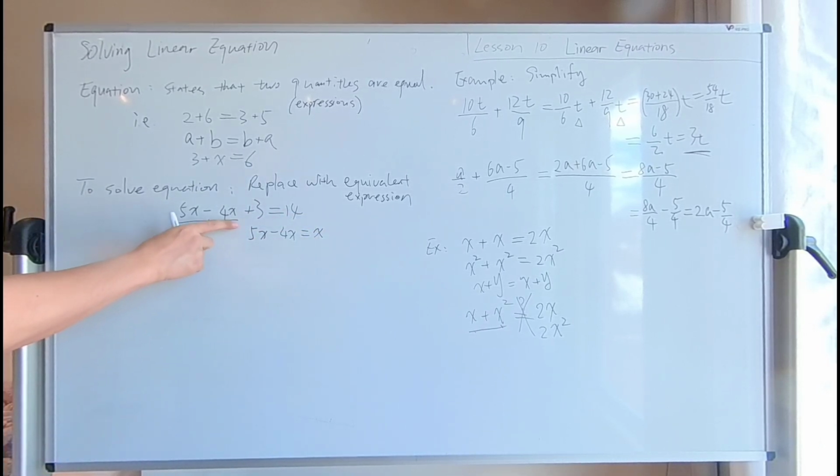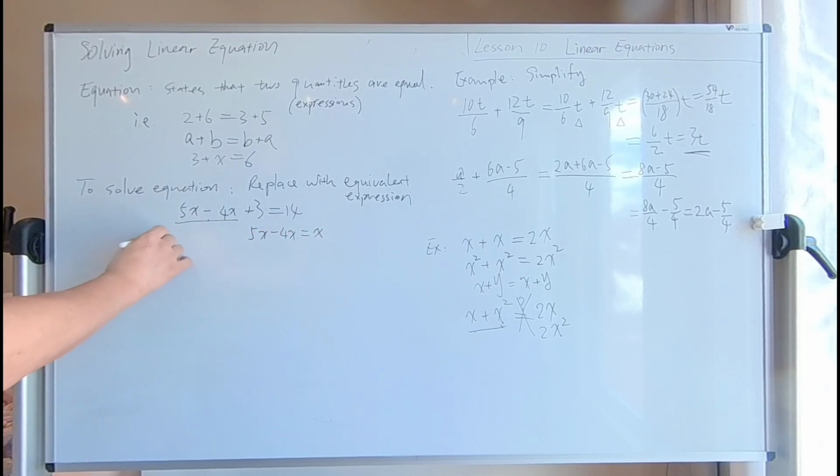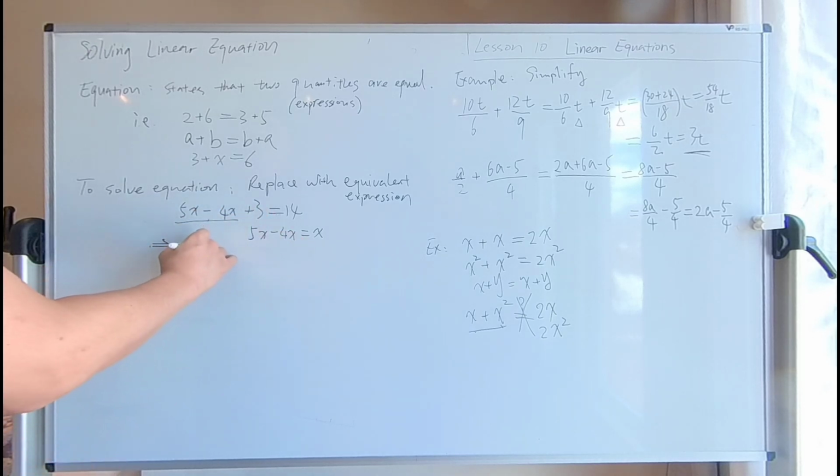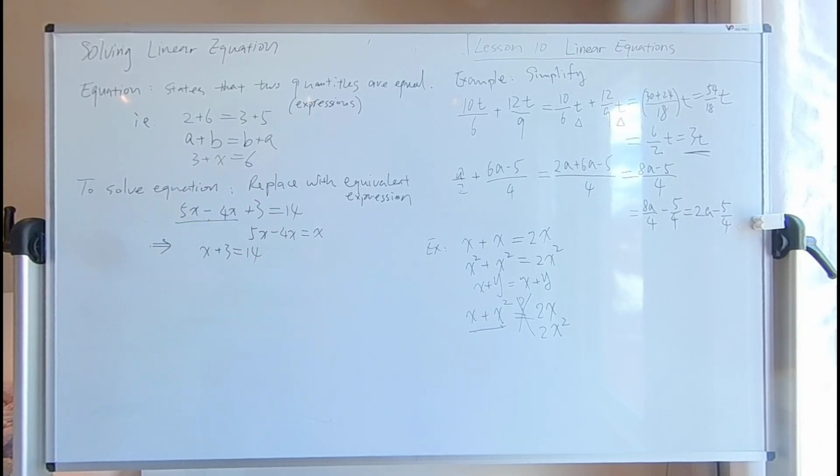So I'm replacing this term with a known term. Using this symbol to show these are equivalent, this equation is equivalent to x plus 3 equals 14. So this is just replacing some expressions with known equivalent expressions to simplify.